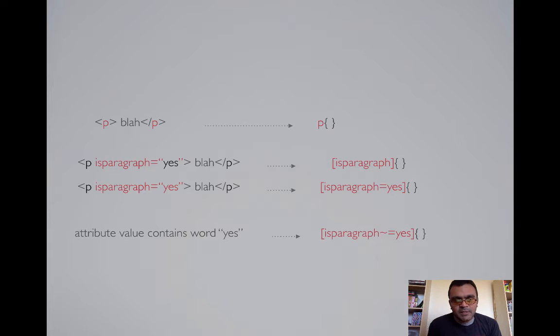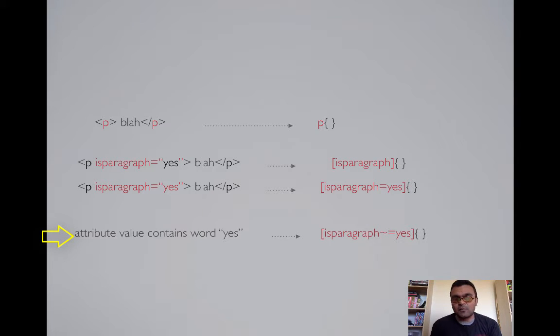So far we looked at linear selectors for attributes. For example, you can select by attribute name, and you can select by attribute name and value. But let's say you want to do something a little bit more, like selecting all the attribute values containing a specific word.